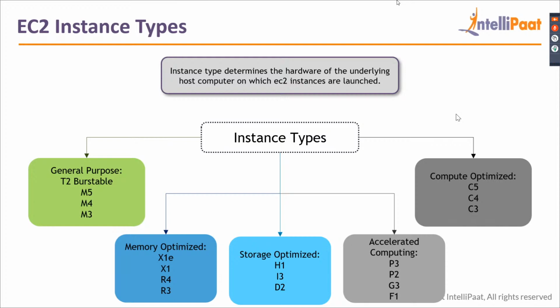It's not that a physical system will be there somewhere and that the entire physical system is provided to you for remote access. No, that's not the case. They'll have huge physical servers in which smaller virtual machines are hosted, and that virtual machine is given to you through remote connection, and that is EC2.